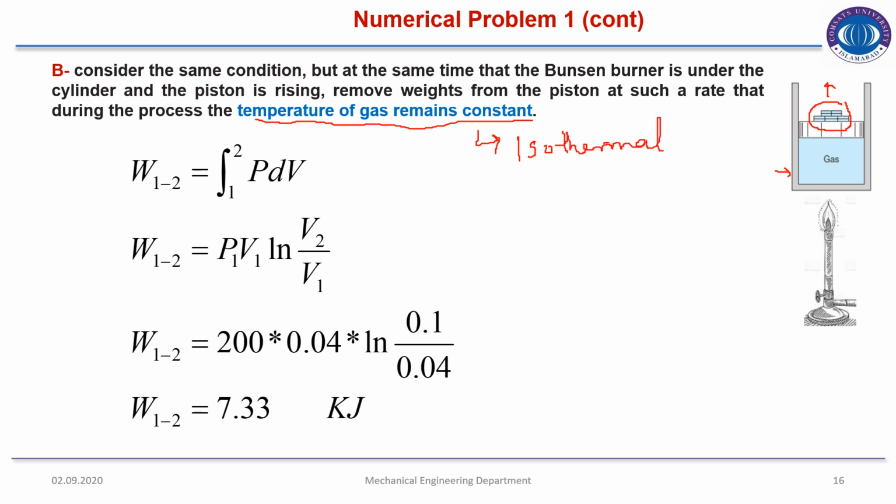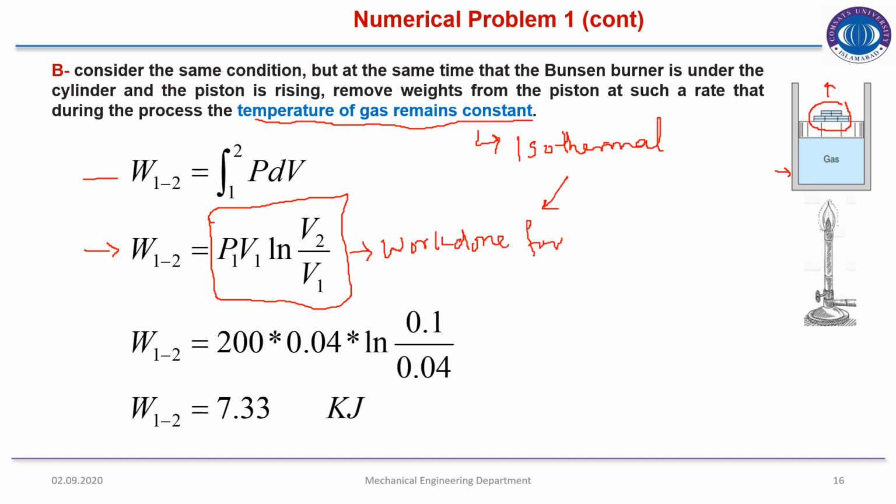The formula for work done is integration P dV, and we have already derived this relation for work done for isothermal process.